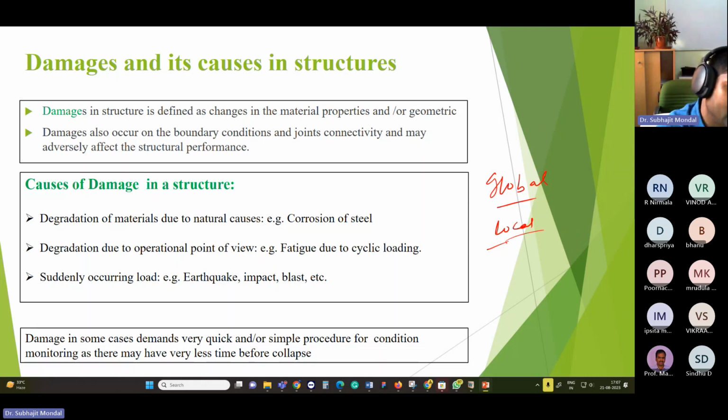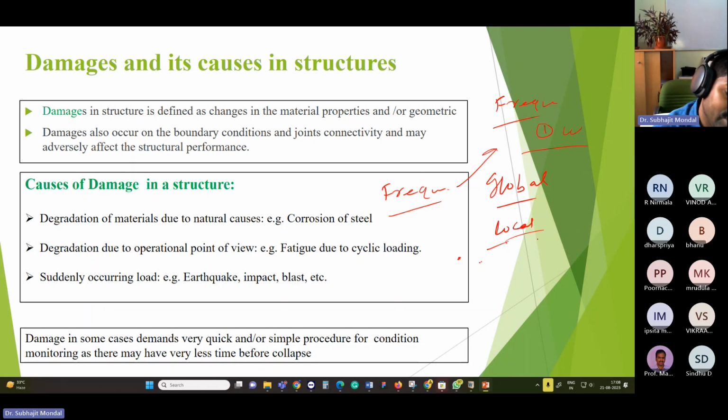For example, frequency data, the modal data. Frequency is the parameter which represents the whole structure, so you can say this is global in nature. Now, if you measure the acceleration or displacement at any point, you can say that is local in nature. So we have two methods: one is the global based method, another is the local based method.